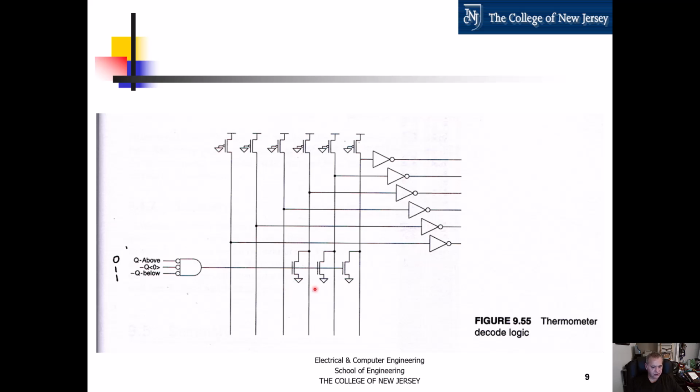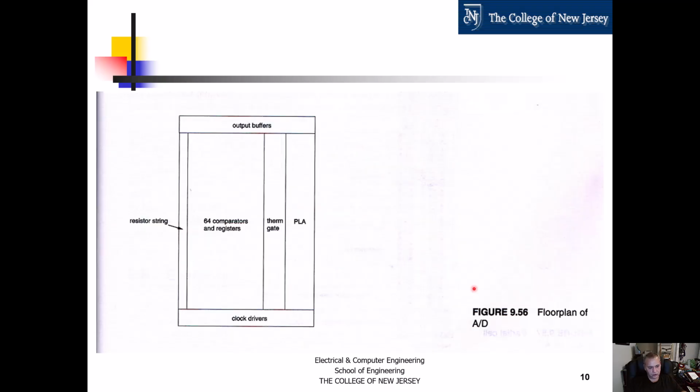The actual transistors are missing, but the point is that by connecting the NOR gates in this manner, you can detect where the break of the thermometer is when it switches from 1 to 0, and at that point you get the appropriate digital value. It's actually that simple.